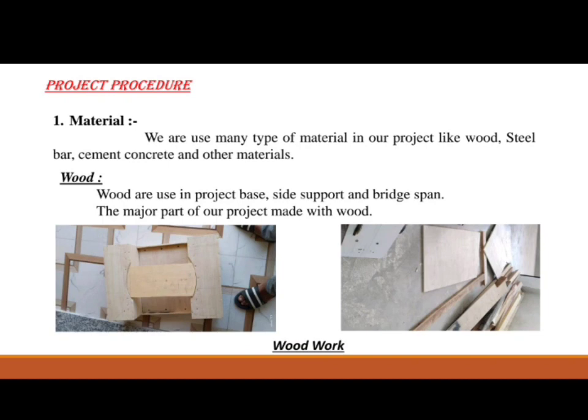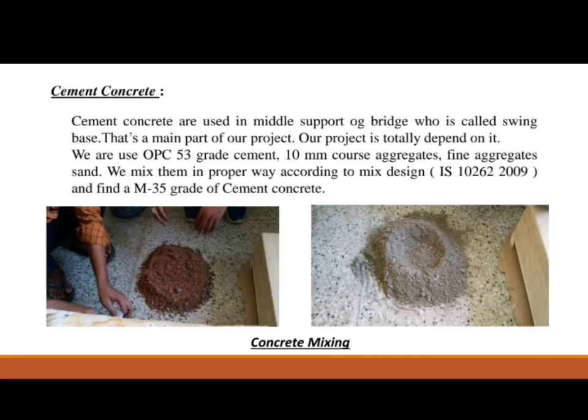Wood is used in the project for site support and the bridge span. The major part of our project is made up of wood, but it is only in preparing the model, where we use only plywood. But wood is a temporary support structure in real construction of buildings or any concrete structure.